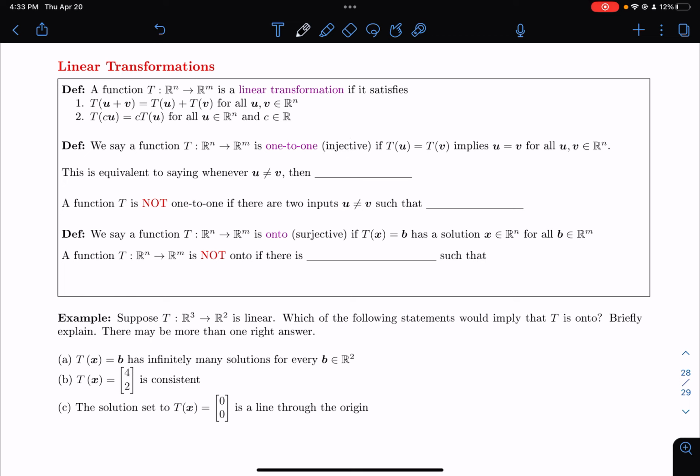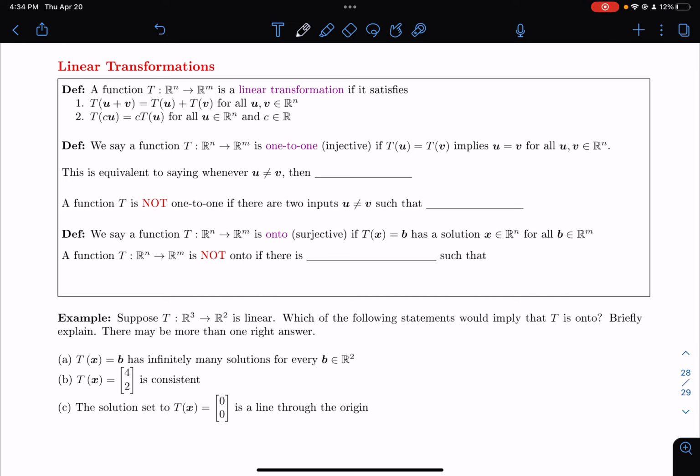It's one-to-one if, the way I read this is, if I have two outputs, one of the outputs is T of u and one of the outputs is T of v, and those two output vectors are equal, the only way for that to happen is if their inputs u and v were the same. So the only way for two outputs to be the same is if the two input vectors u and v are the same.